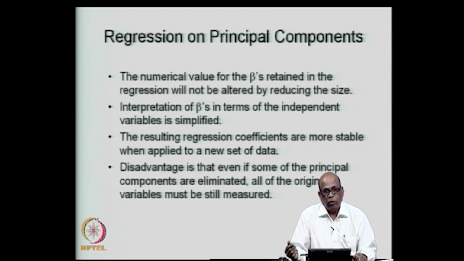So, to conclude, in today's lecture essentially we picked up on the principal component analysis that we discussed in the previous lecture and saw how we use the principal components in the regression relationship. If you recall, the principal components are the eigenvectors obtained on the covariance matrix.